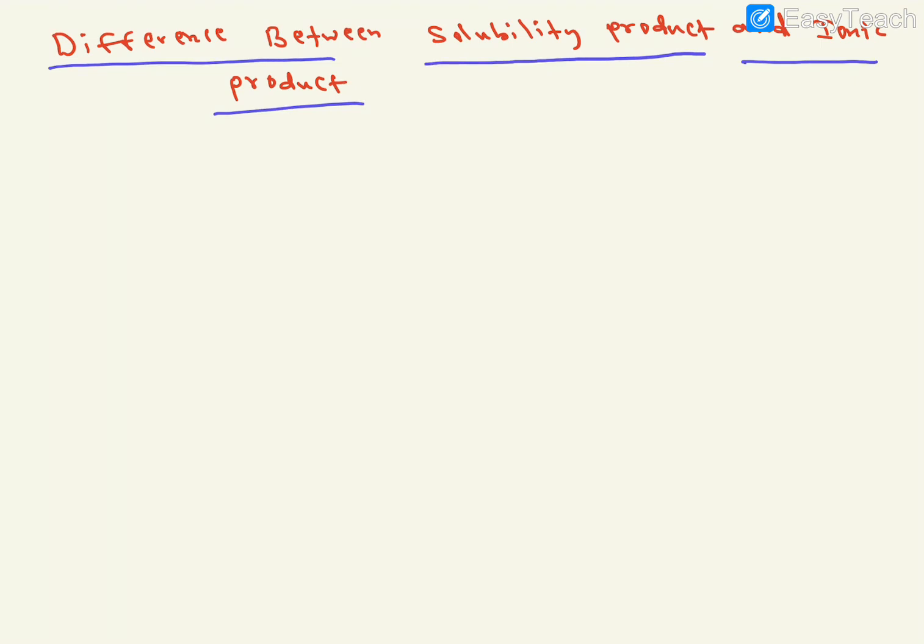Then next, the difference between solubility product and ionic product.